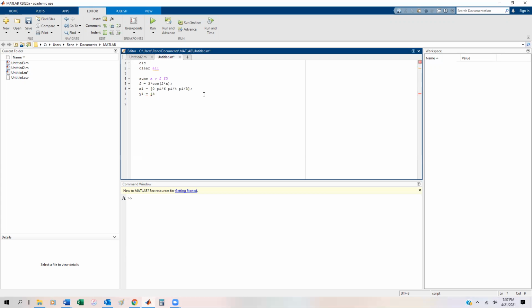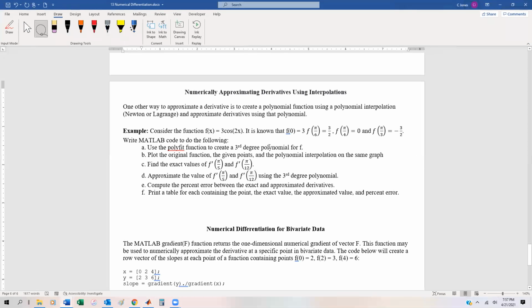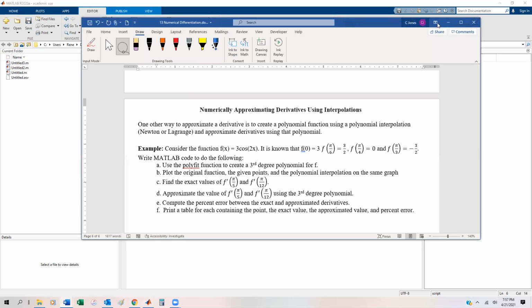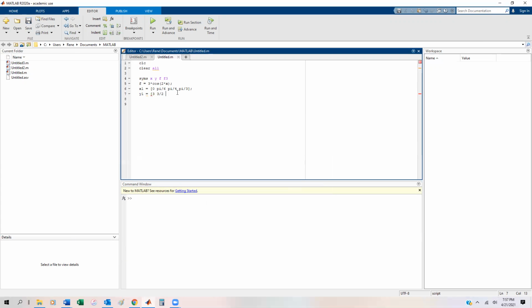And if we plug pi/6 in, that's going to be 3/2. Let me make sure these were the right values. All right, so we had 0, pi/6, pi/4, and pi/3, right? Okay. And so at pi/4, we have 0. And at pi/3, which would be cos of 2 pi/3, it's going to be negative 3/2.